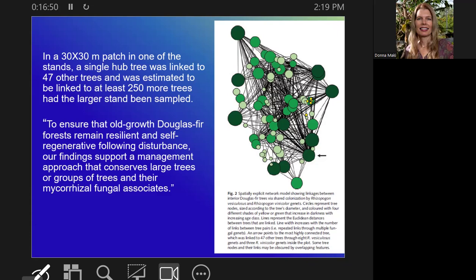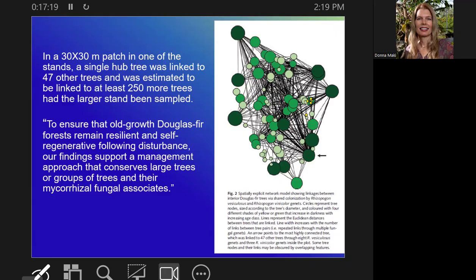They only did a 30 meter by 30 meter patch, and they were getting this kind of data. This quote was taken from the conclusion section of that paper: to ensure that old growth Douglas fir forests remain resilient and self-regenerative following disturbance, our findings support a management approach that conserves large trees or groups of trees and their mycorrhizal fungal associates.